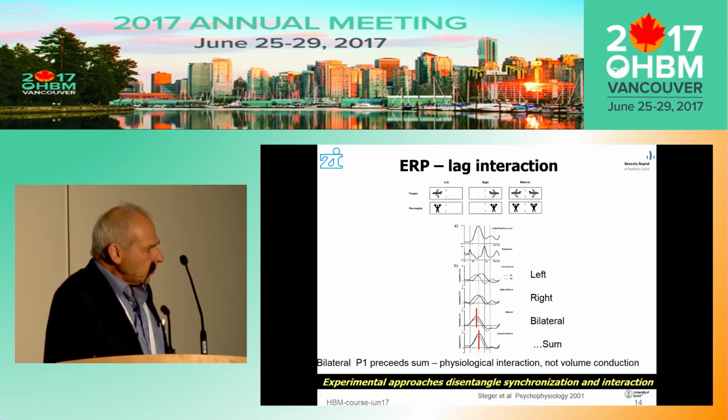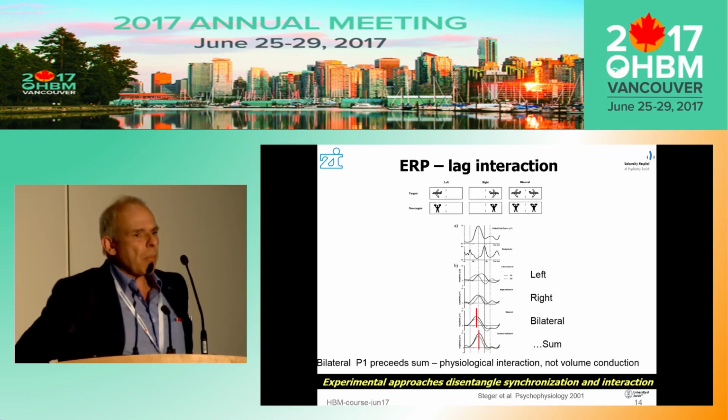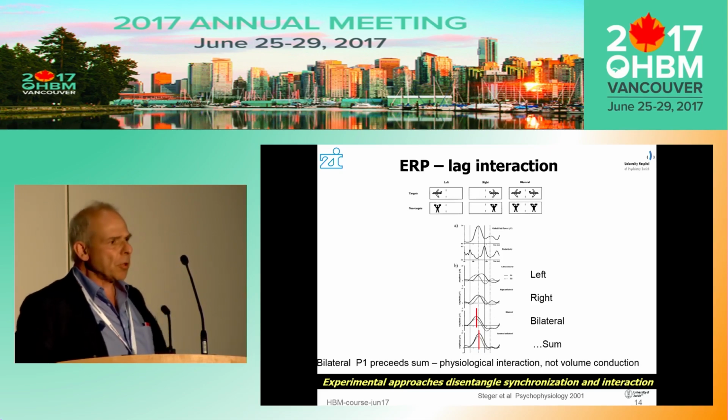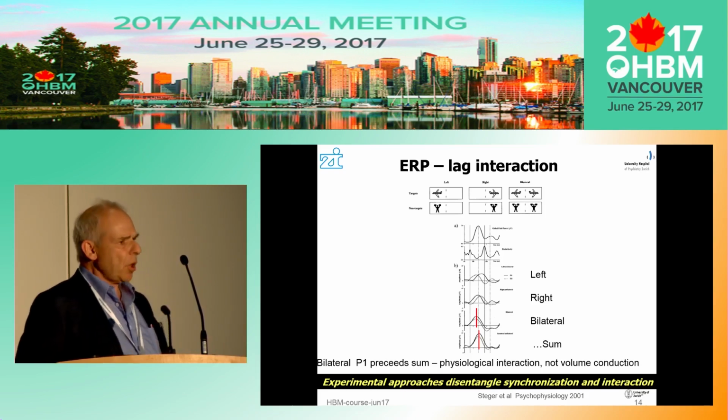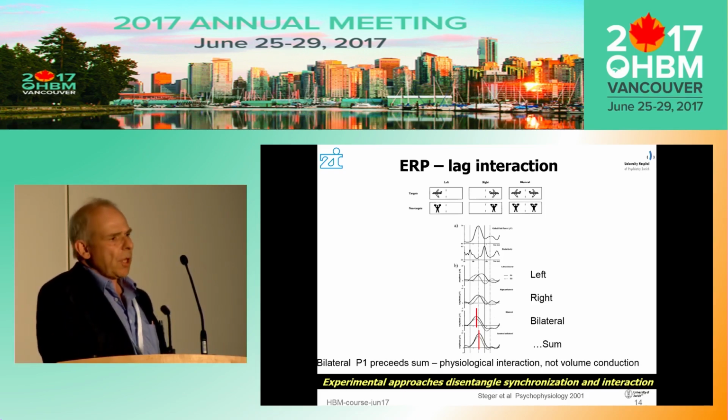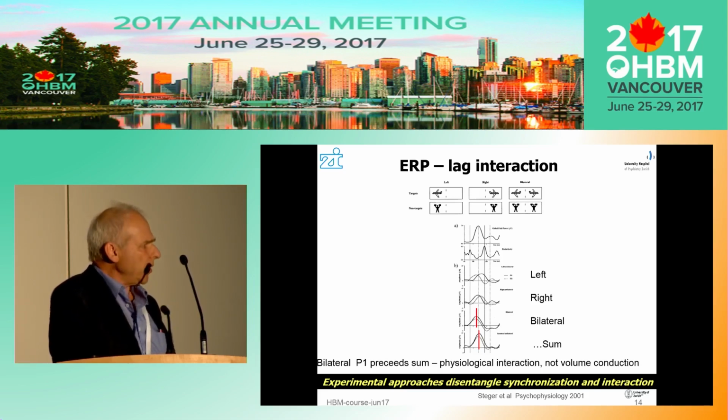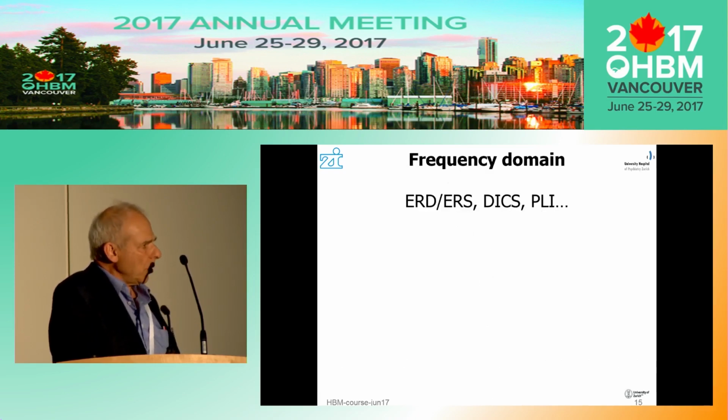So I think experimental approaches must complement the methodological signal processing approaches, trying to disentangle what is physiologically meaningful connectivity change and progression of information processing and what is essentially just the volume conducted activity that simulates some meaningful synchronization or connectivity.